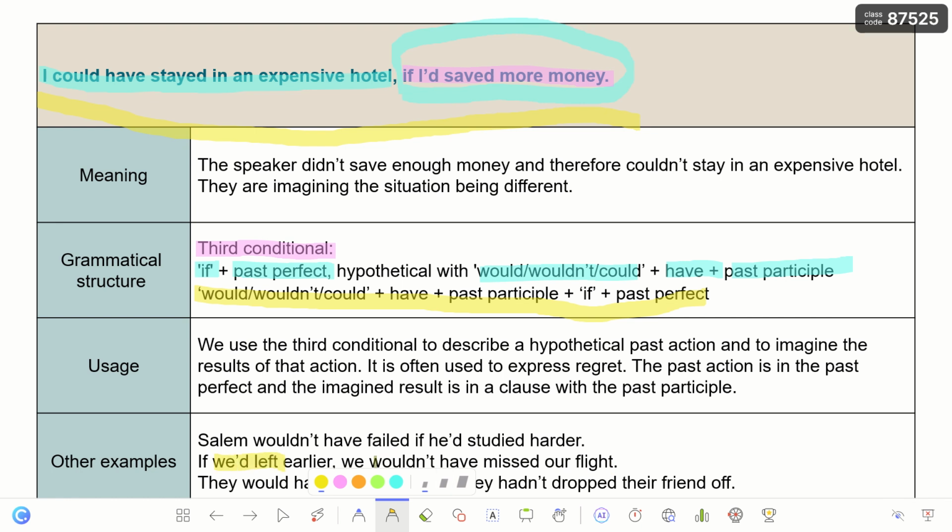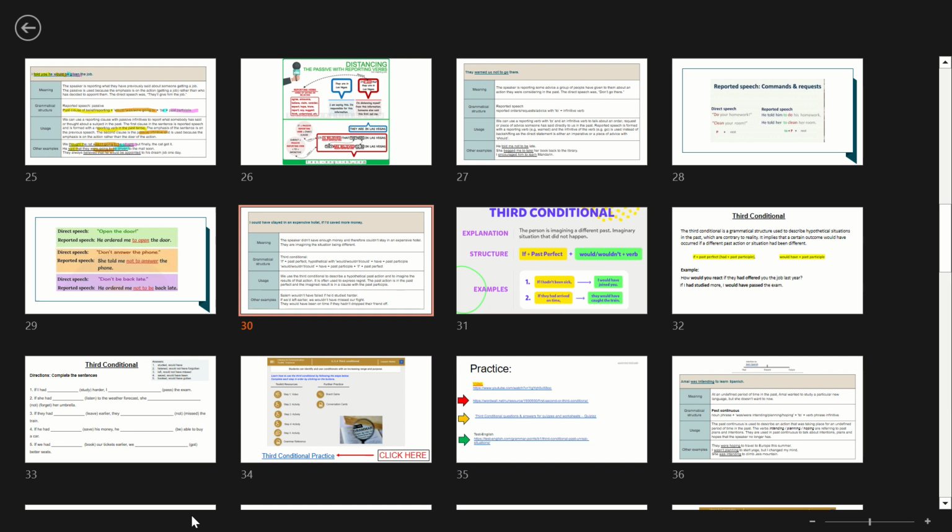Had left, wouldn't have missed, wouldn't have failed. شو كان الشرط لو if he had studied? They would have what? I can't see this sentence. They would have been on time.